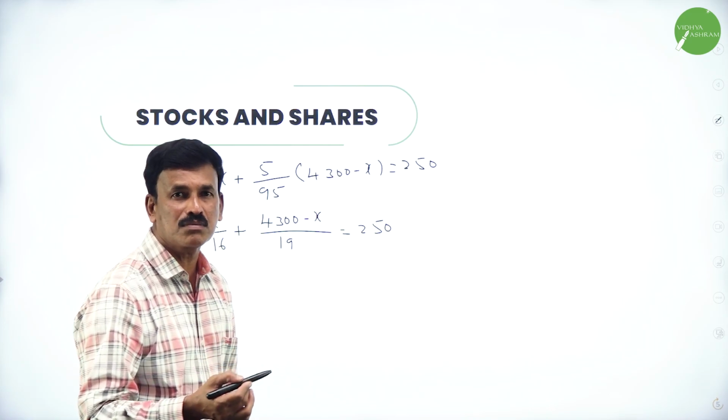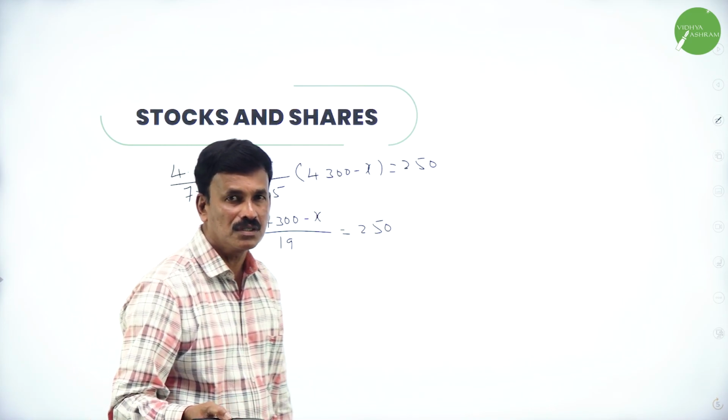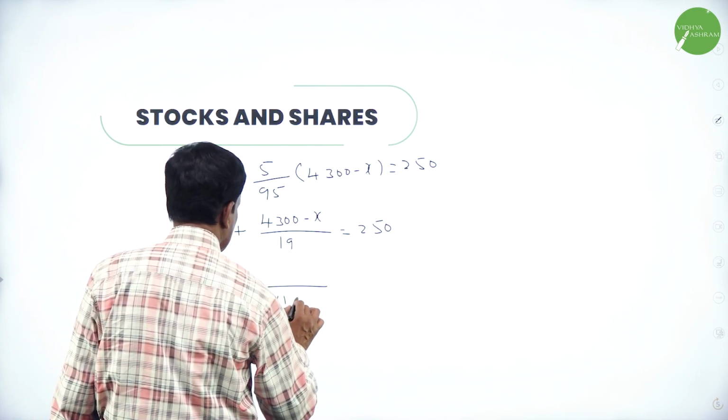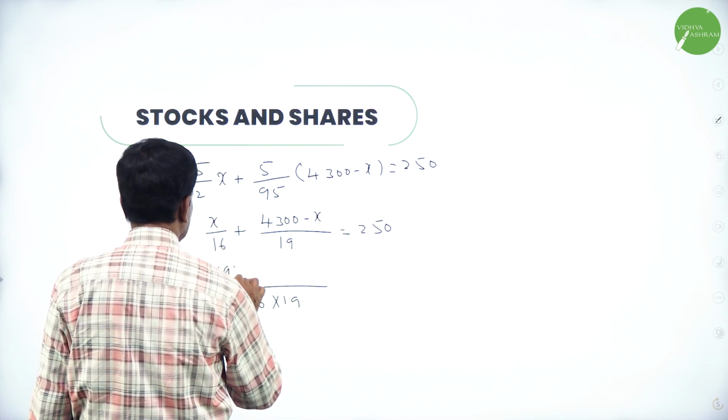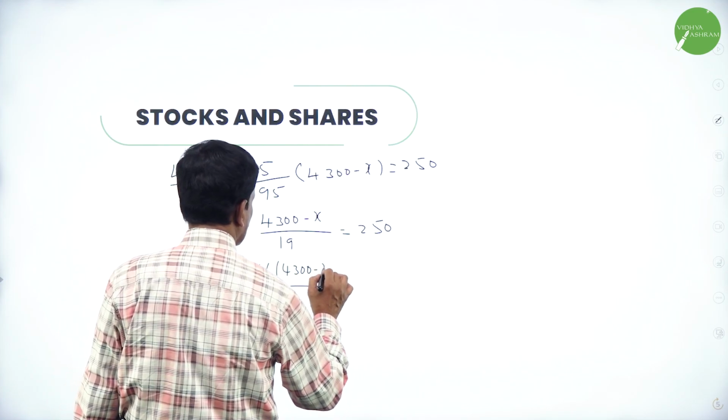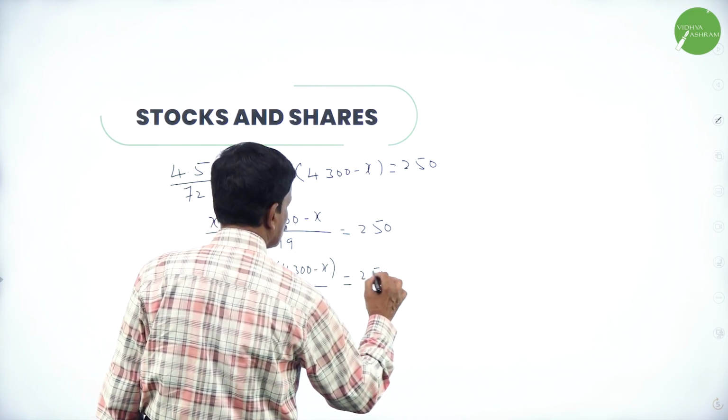Take LCM and cross multiply, simplify, you'll get the answer. Now, take the LCM and simplify. 16 into 19 is the LCM, so cross multiply: 19x plus 16 into 4300 minus x is equal to 250.